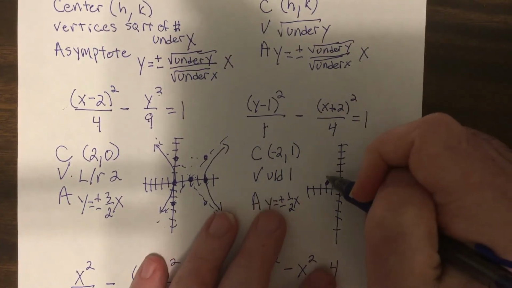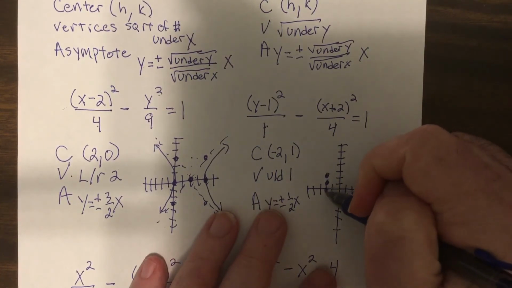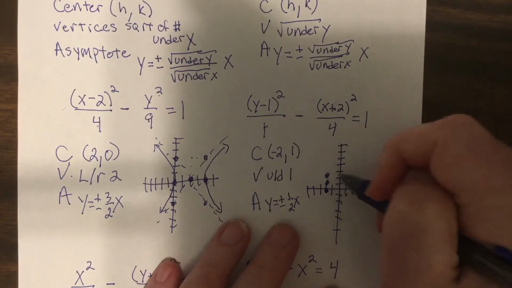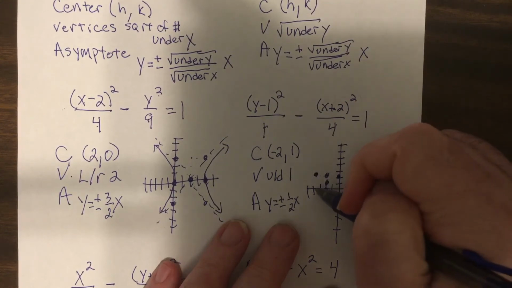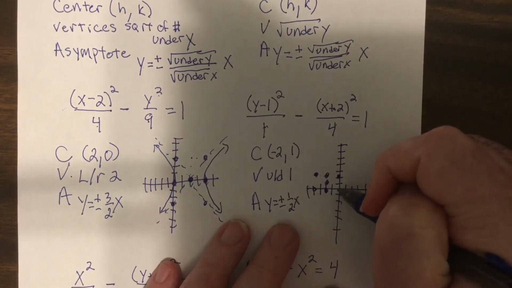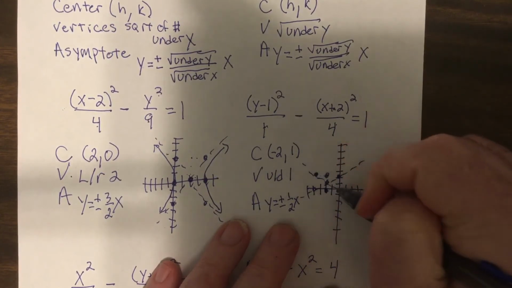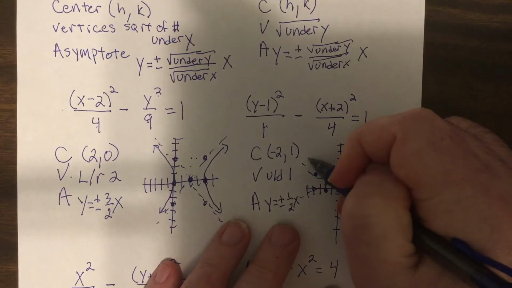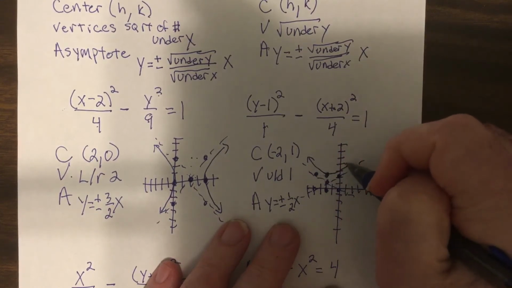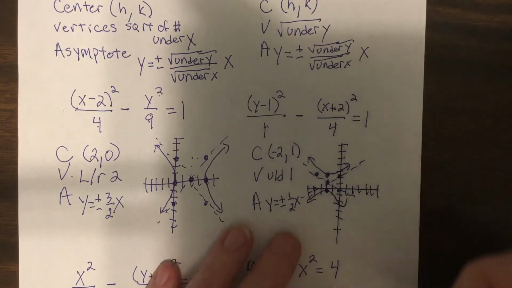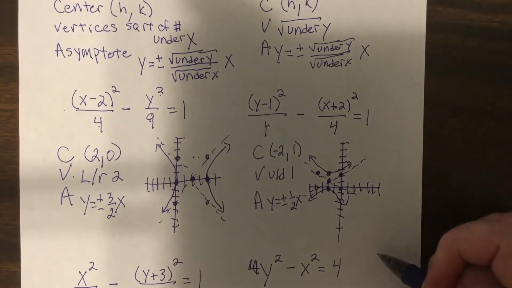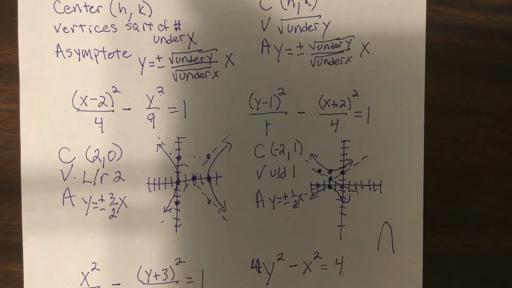So up, down, 1. Then it's up 1 over 2, down 1 over 2. Kind of looks like a Star Wars spaceship, doesn't it? So we curve, curve, curve, curve. Now be careful, you should never do whoa, no.